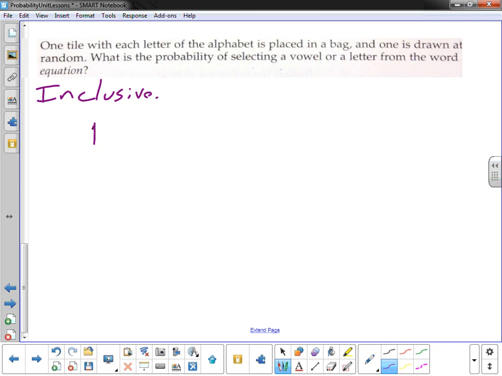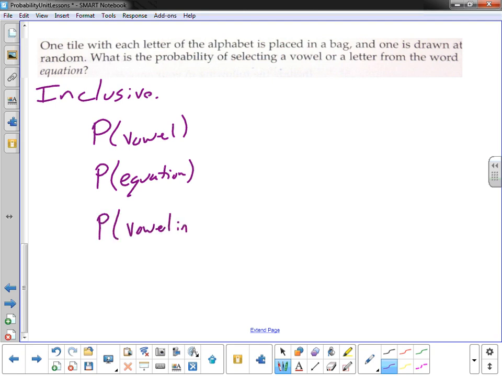So that means I need to know the probability of a vowel, and the probability of a letter in equation.